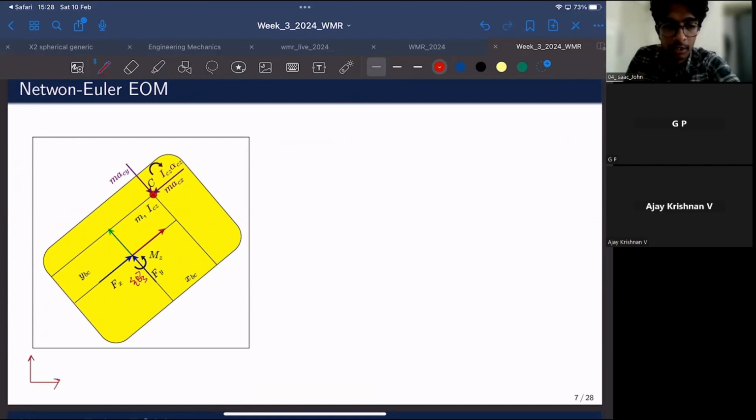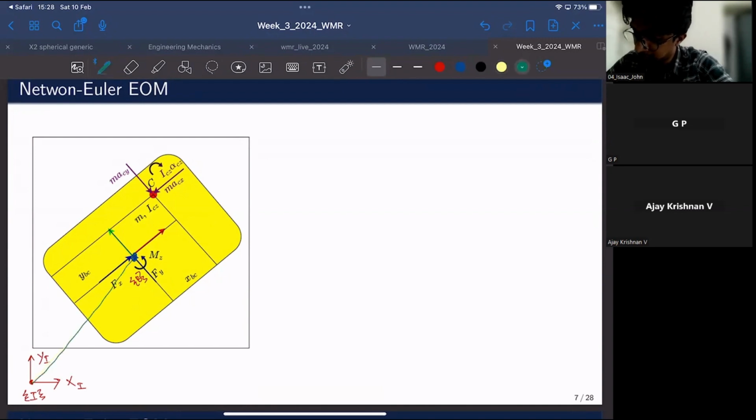Over here, what I'm drawing is the inertial frame of reference, which is always fixed with respect to the ground, xi and yi. And over here, you have the body frame of reference at the geometrical center of the robot. And you also have the center of mass. If I use vectors connecting each of these three points, how would that look? If I call this vector P, it denotes the position of a point.